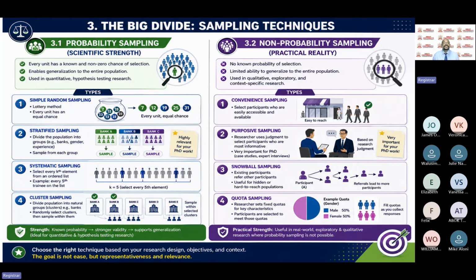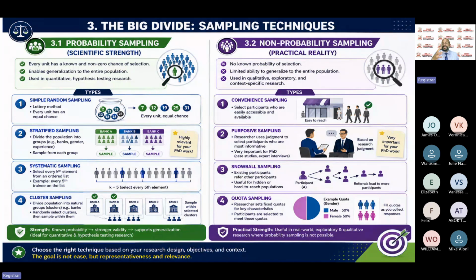Every unit has a known and non-zero chance of selection, because the methods we use here mean any unit of the population can be a sample. This enables us to generalize to the entire population.